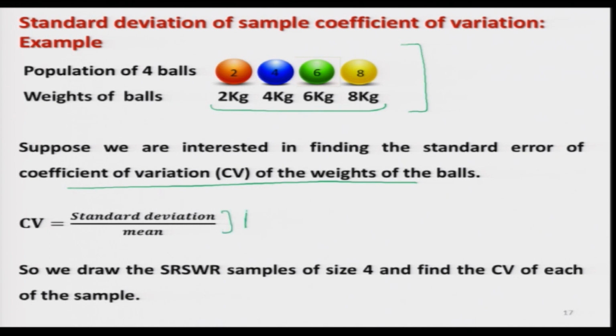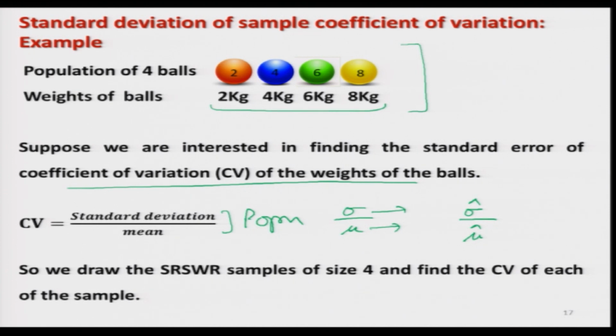So, these are your population values. It is something like sigma upon mu, where sigma is the standard deviation and mu is the population mean, and both are actually unknown to us. So, we propose that we replace sigma by sigma hat and mu by mu hat, where sigma hat and mu hat are based on some sample values.